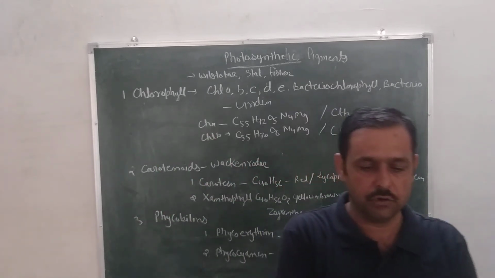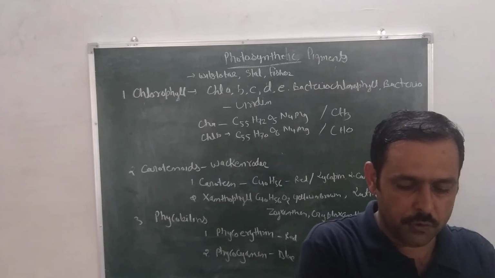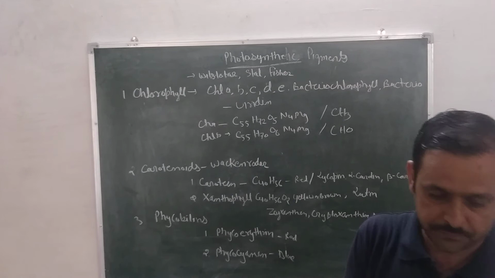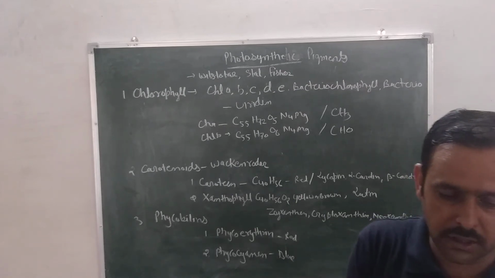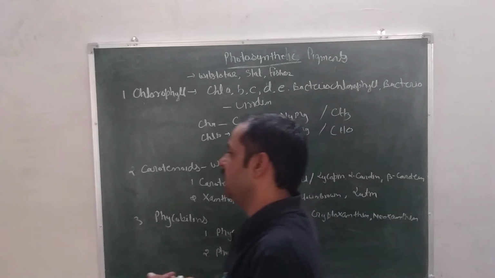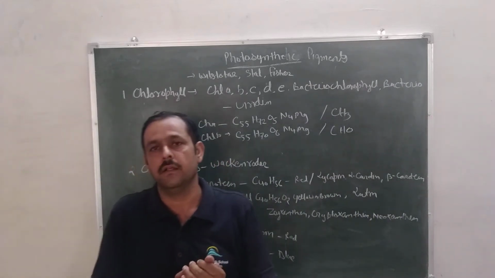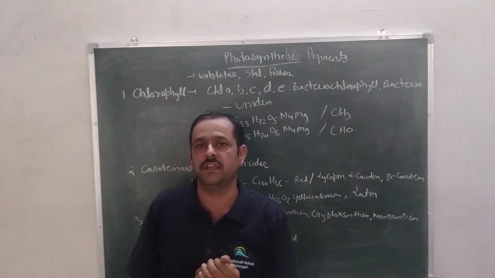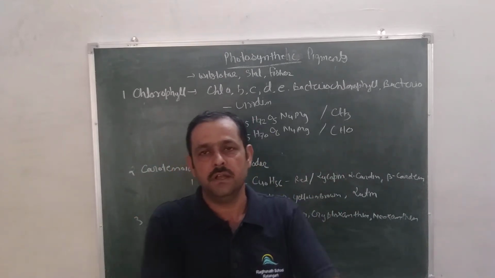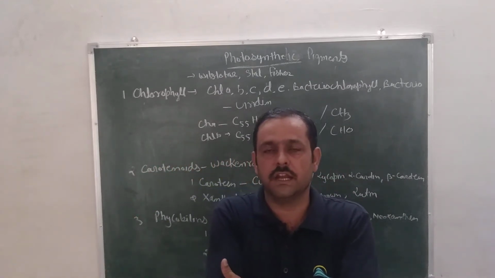So you have to remember the structure of the chlorophyll molecule has two parts. First, a tetrapyrrole ring or porphyrin ring. For your better understanding, the structure of chlorophyll is just like a badminton racket.